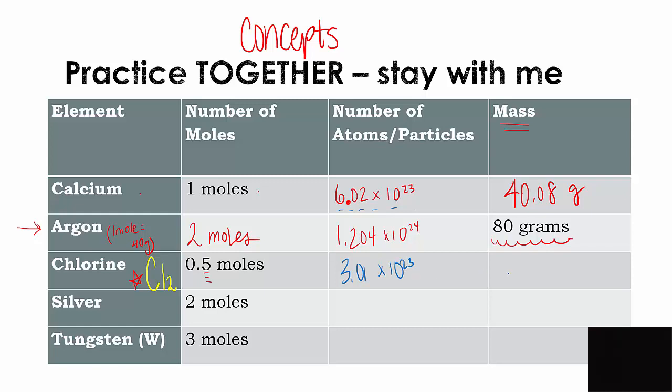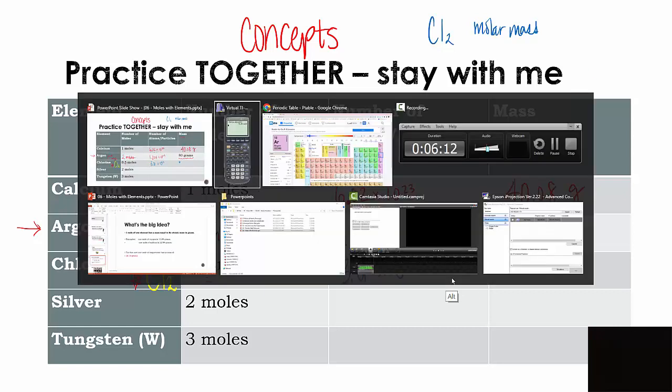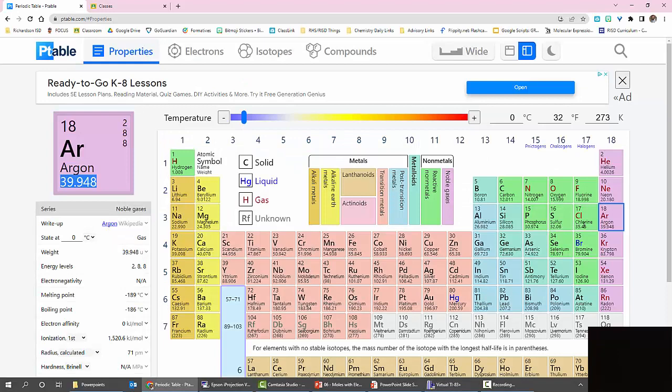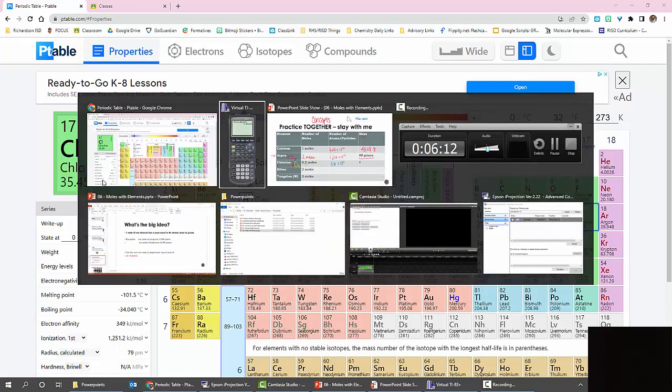And then for mass, y'all, this one's a little tricky again. For chlorine, it's Cl2, so the molar mass is the number from the periodic table, but it's doubled. So for chlorine, 35.45, but that gets doubled for the real molar mass of chlorine.